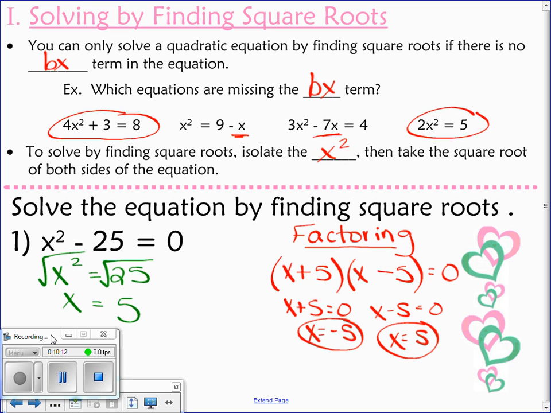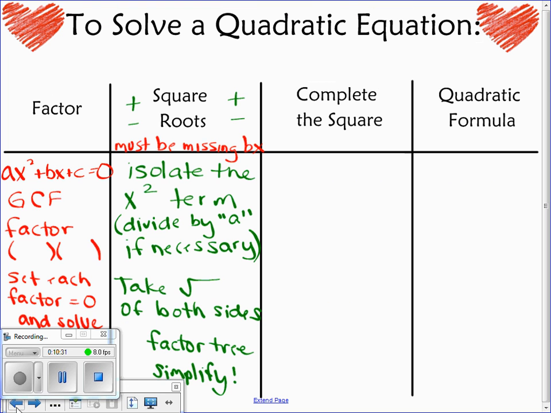So 5 times 5 equals 25. That's why the square root is 5, right? But what's negative 5 times negative 5? It's 25. So the square root of 25 is actually plus or minus 5, right? 5 or negative 5. So that is why on your yellow page, up here at the top, we did this.